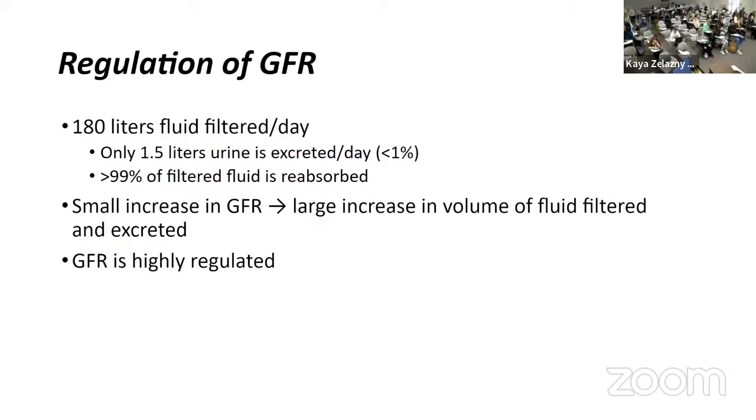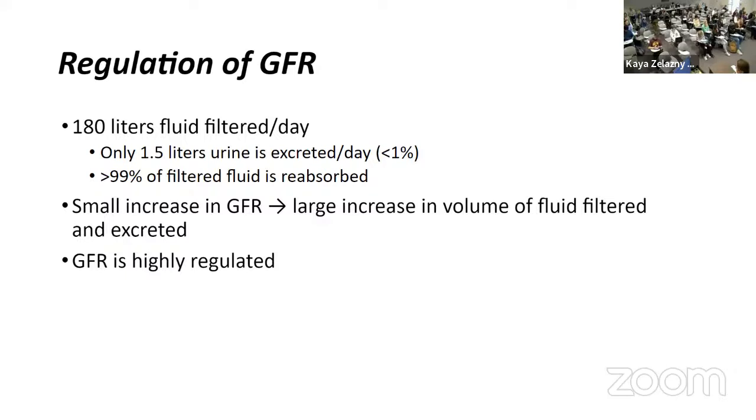So that's less than 1% of this fluid that was getting filtered. This means that almost all that fluid that we take from the glomerular capillaries becomes filtrate in the nephron, and 99% of it or more is going to get reabsorbed back into your bloodstream, only leaving a little bit to exit your body as urine.